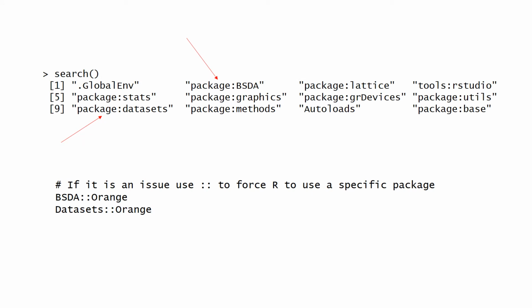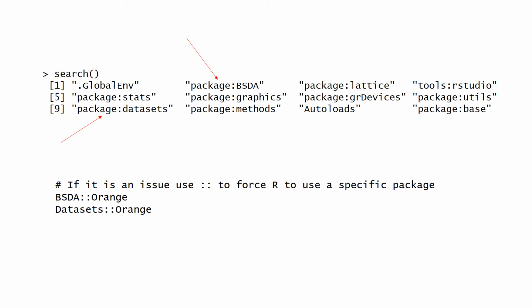You can run the search command to see the search path. These are the places that R looks through when searching for something. You read this by starting in the upper left corner and reading to the right. The first place R looks is called the global environment. These are objects that are showing in your environment pane.